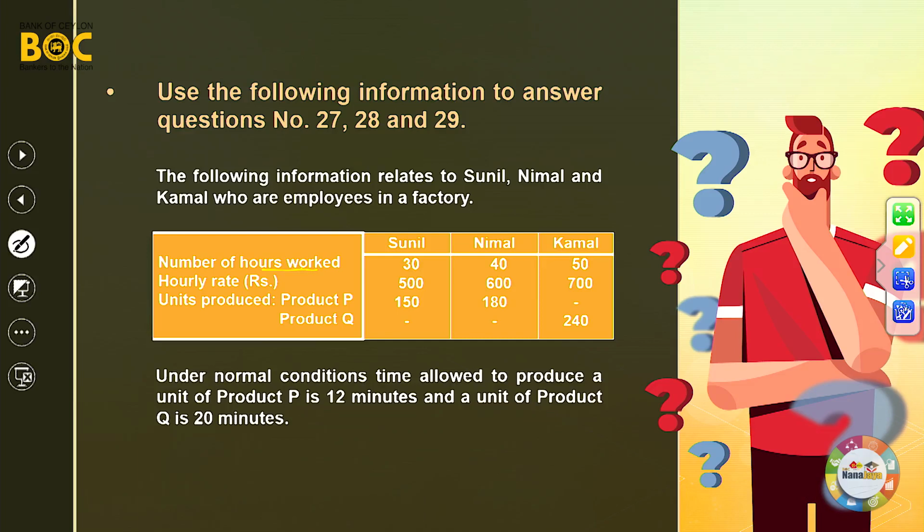Under normal conditions, the time allowed to produce product P is 12 minutes, and for product Q 20 minutes. So for 3 employees, their production, their hourly rate, their hours worked and standard time allocation for each product are given.